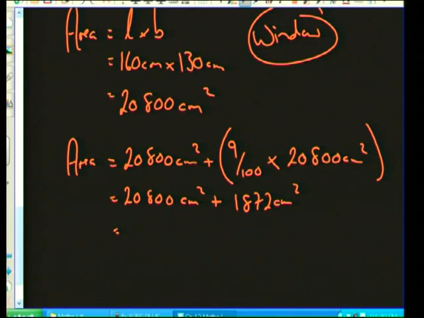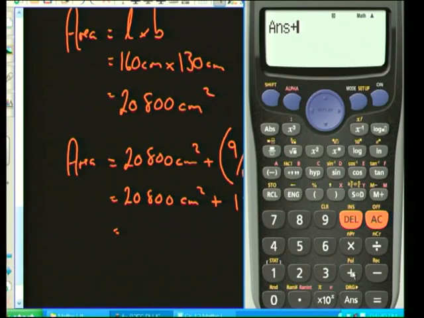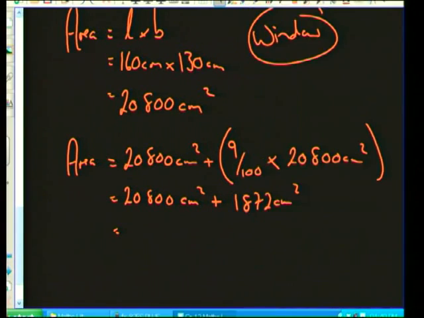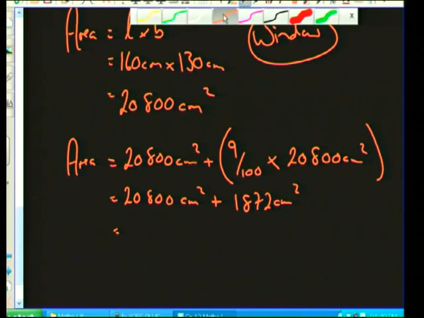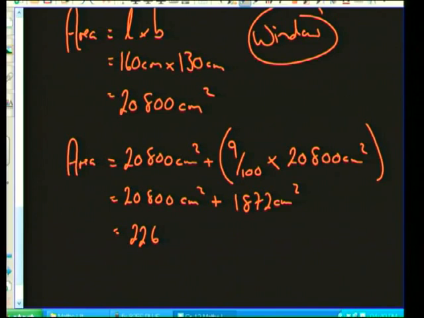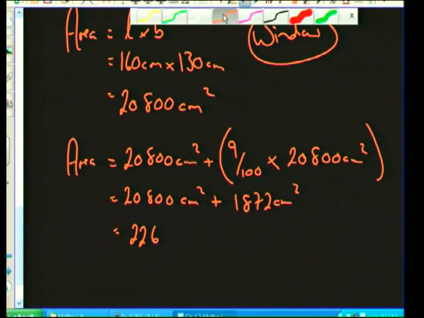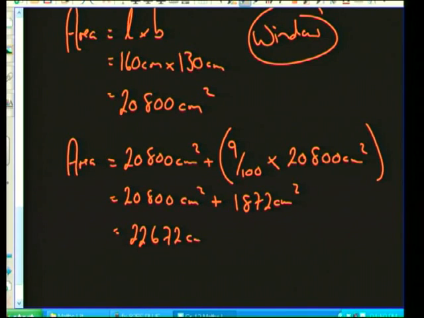To that, we're going to add the 20,800, and I get an answer of 22,672. Now that's the area of my door. But folk, that's not what they're asking us, eh? Let's look at the question.